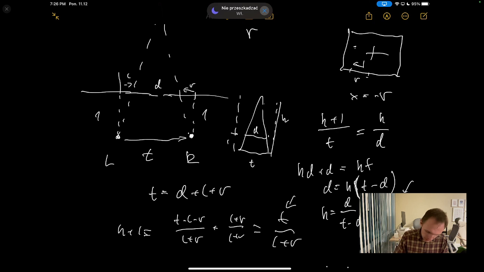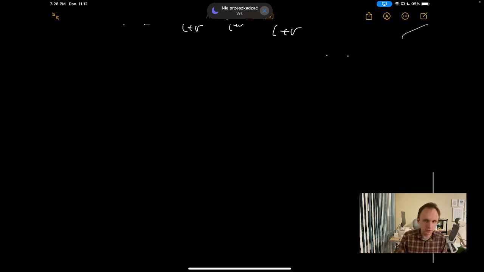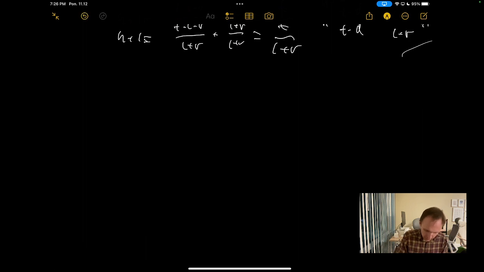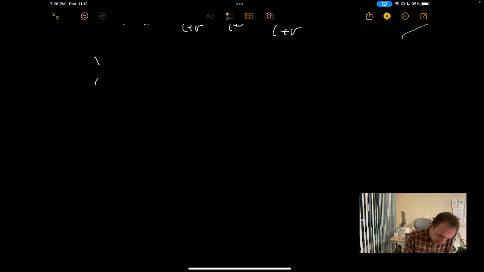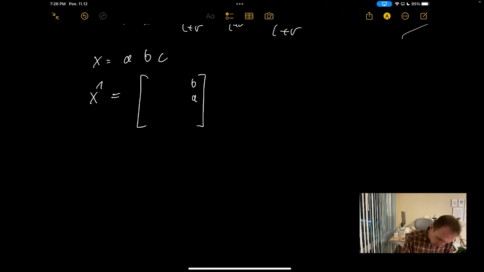There are mathematical reasons and intuitions why this definition and not some other, but for now I just take it for granted. So let me take a vector x, and call it a, b, c. Then x hat will be this matrix, with a, b, c in the entries, minus signs where needed, and zeros on the diagonal.